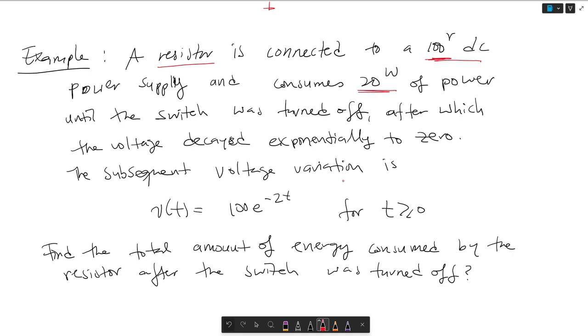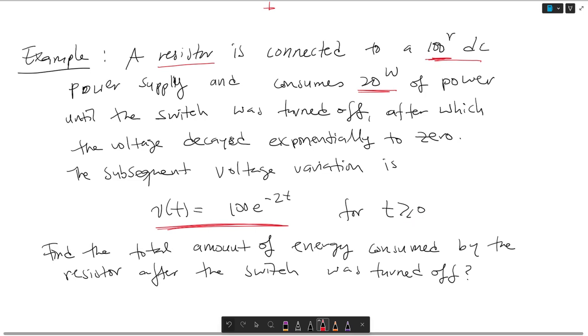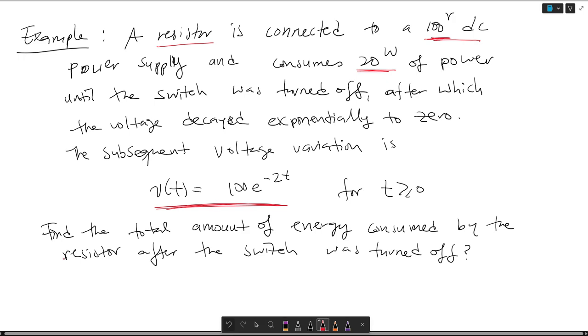The subsequent voltage variation is this for t greater than or equal to 0. The question is asking you to find the total amount of energy consumed by the resistor after the switch was turned off, or the total amount of power as well after the switch is turned off.